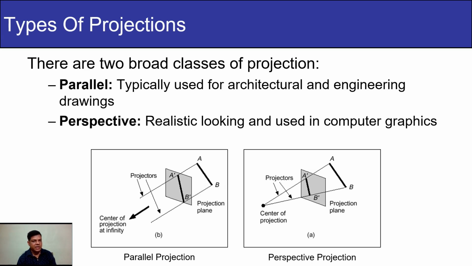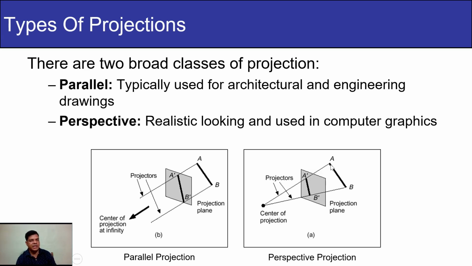Here you can see these are the projection lines, and these two lines are parallel, and this is the view plane on which we are representing the object. After some time these lines intersect on the view plane, and the intersection points, that is A dash B dash, define the new object on the view plane. In the case of perspective projection, the lines are not parallel but converge at some point, called the center of projection.